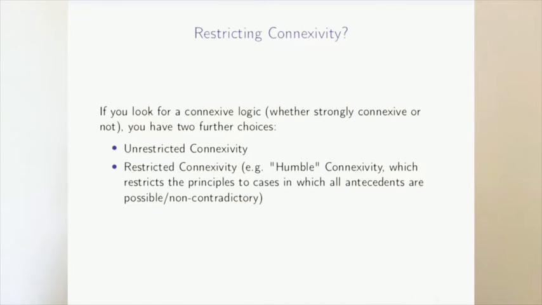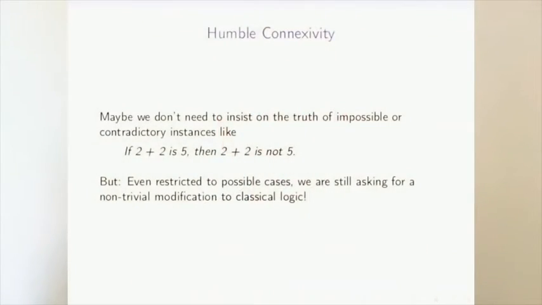Some people have the more radical view that the connexive principles should fail for counterpossibles. My own view is less radical. It's not that I'm against finding a logic that is unrestrictedly connexive. I would just be satisfied for my purposes to find a logic that is connexive under these kinds of restrictions.